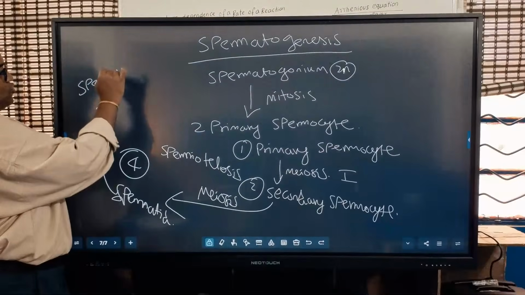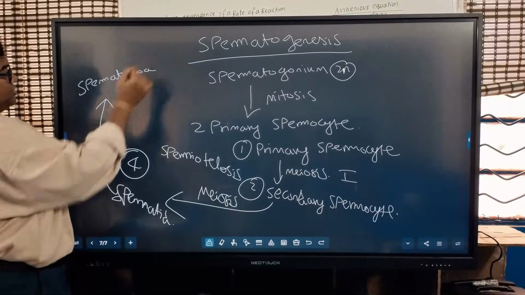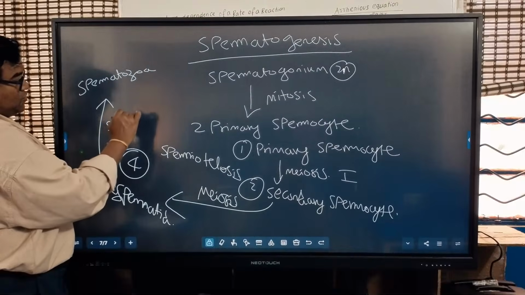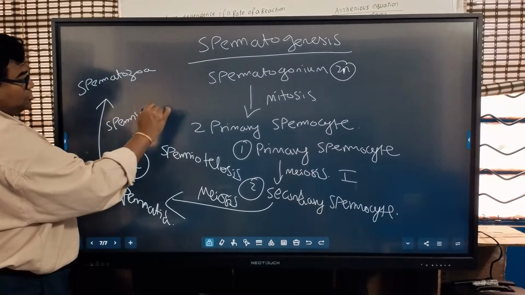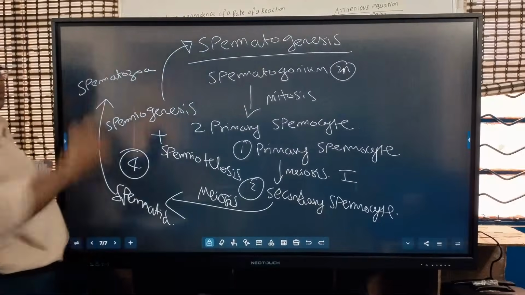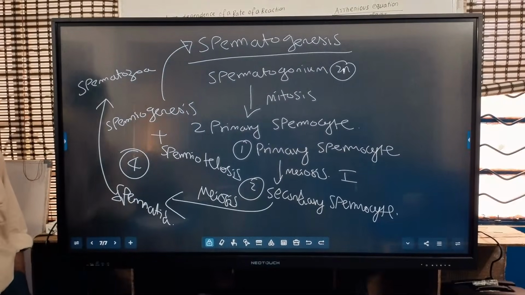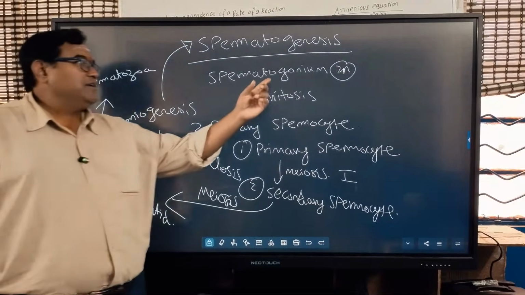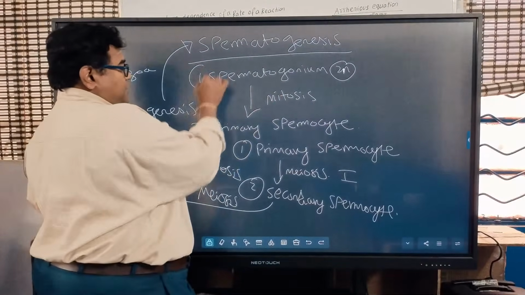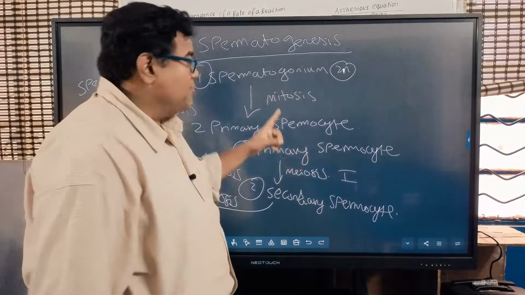Spermatozoa formation, or mature sperm formation, is spermiogenesis. Spermiogenesis plus spermiotelosis together is called the spermatogenesis process. Again, I'll repeat. One spermatogonium forms 2 primary spermatocytes by mitosis.